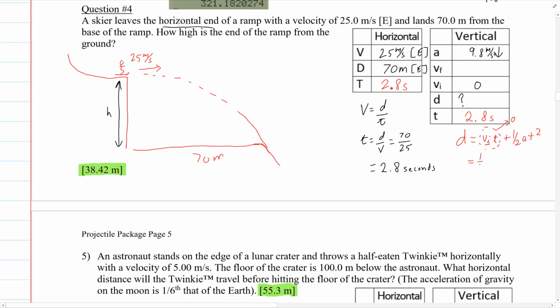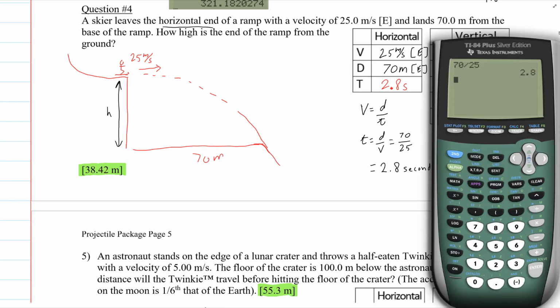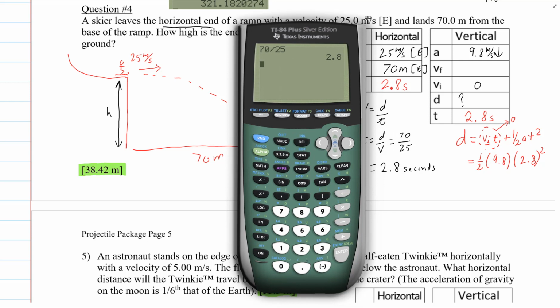So it's going to be 1/2 times 9.8 times 2.8 squared. So we go 0.5 times 9.8 times 2.8 squared. And that's going to give us our height, 38.416.